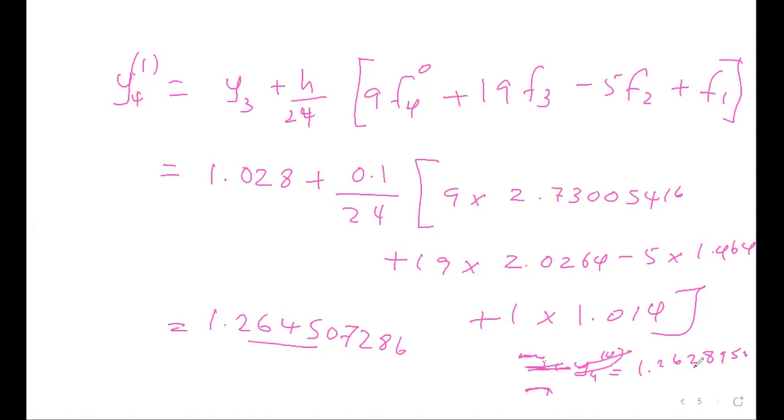Okay, now go for step number 3, where you have to find the difference, times minus 19 divided by 720.